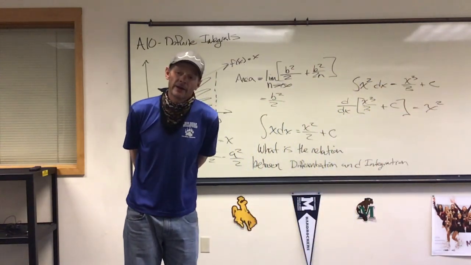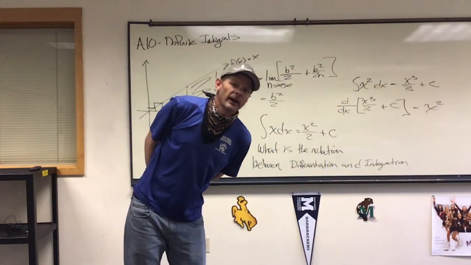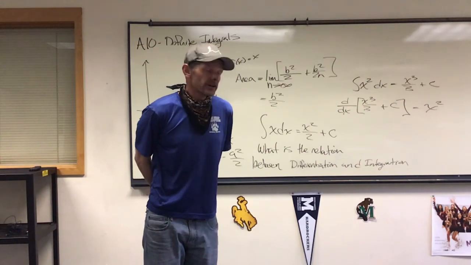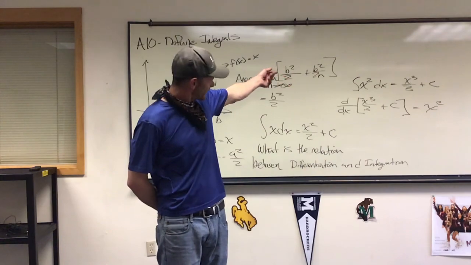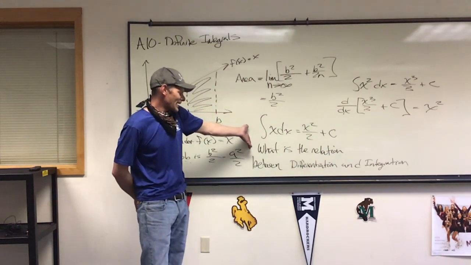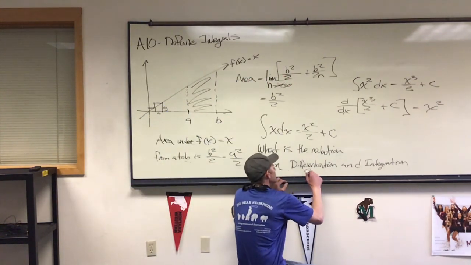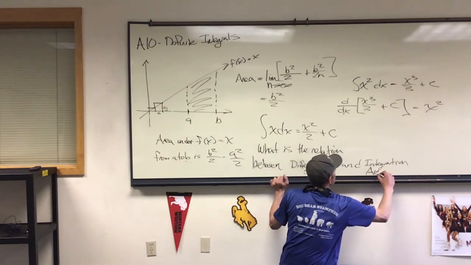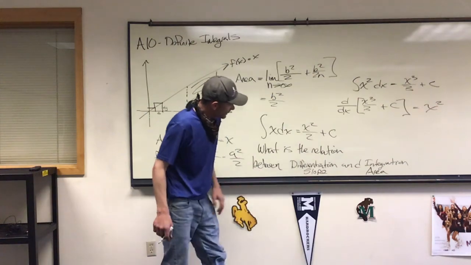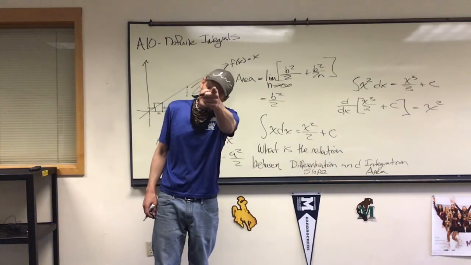So integration and differentiation are definitely inverses of each other in this sense. But how does this relate to slope and area? How are these things related? And that's what we're going to explore in the next video.